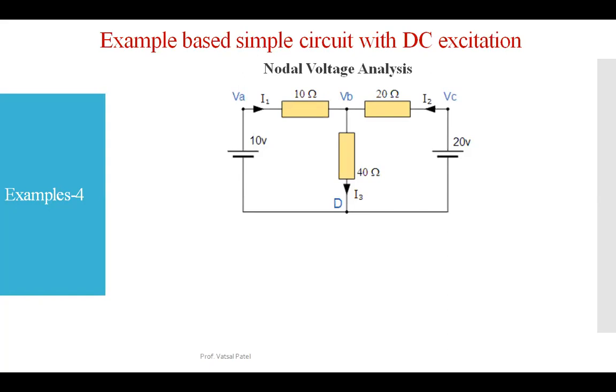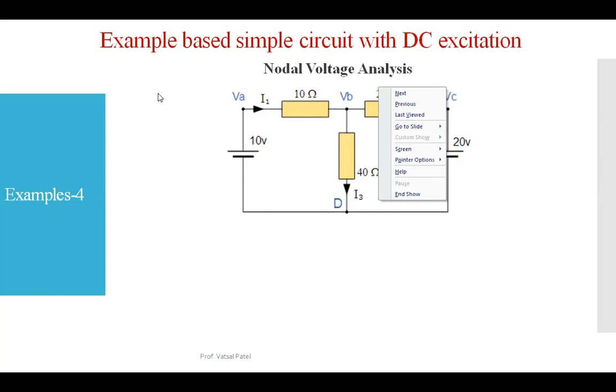We just apply the nodal analysis method. The final answer will not change. That means the current we identified in the mesh analysis will remain the same, but the applied method is different.